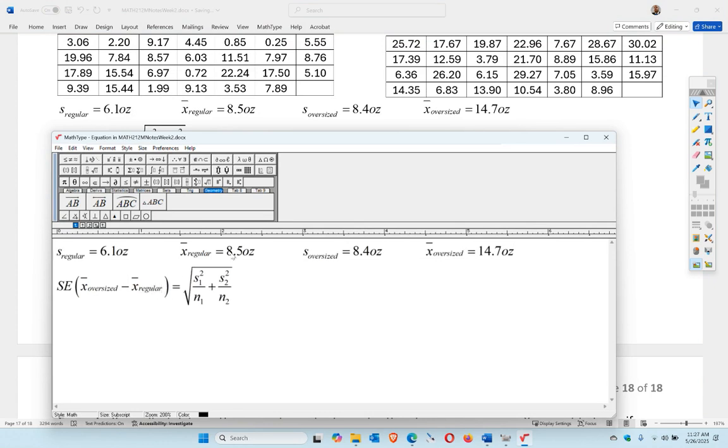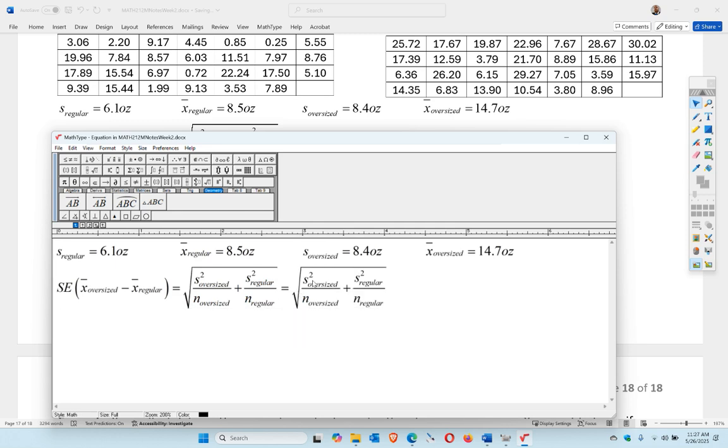Yeah, because oversized is more than the regular, so it gives you a positive value. If you flip it the other way around, it'd be a negative. Okay, so the standard deviation of oversized, regular, oversized, regular. We'll copy that and paste.